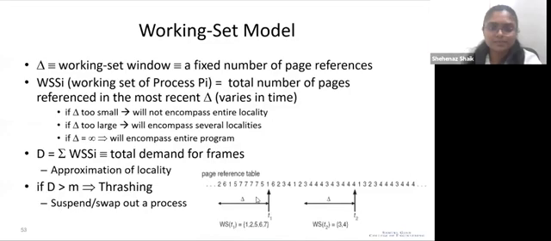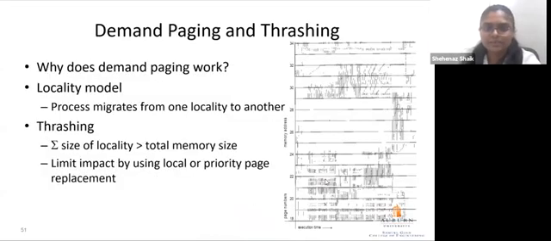So this can be observed from this picture as well, where there may be an initial peak of page faults at this point in time to load all these different pages. And once all these different pages are loaded, there will not be any page faults anymore, considering all these pages are already available in memory.